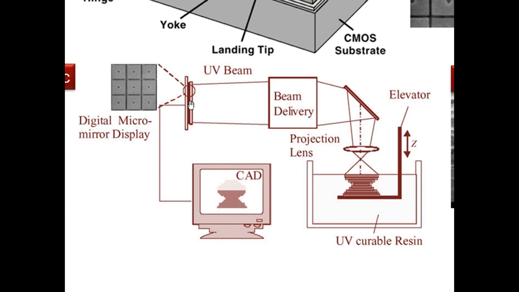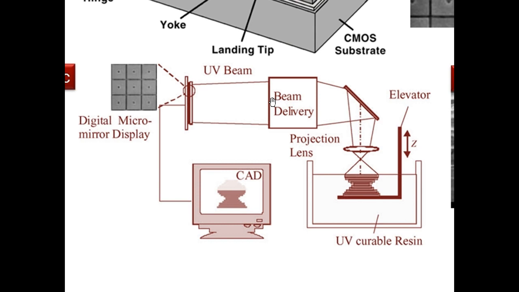Each one of those mirrors can be in one position or the other position. As a result, the projected light will have a pattern going out this way. Each one of these pixels will appear light or dark, depending on what angle the mirror is at.